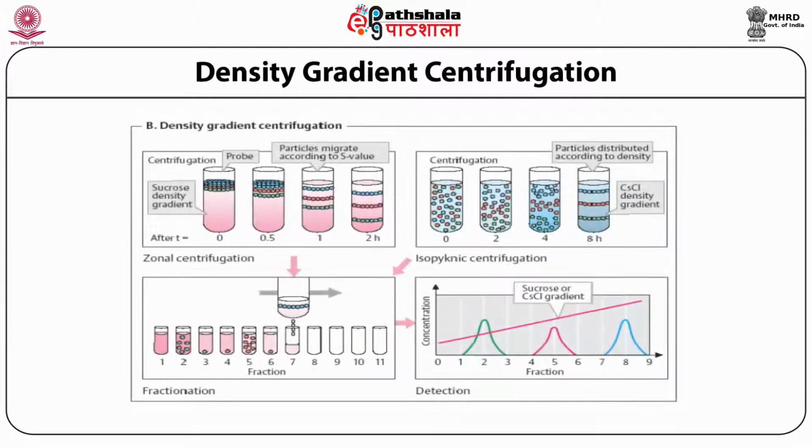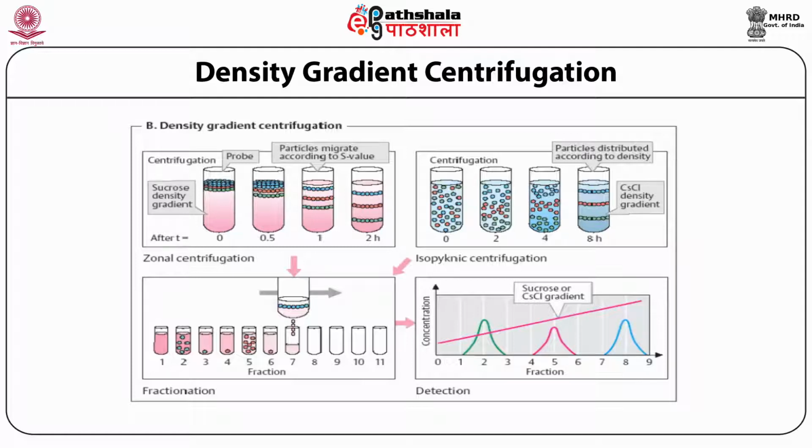You can see further illustration of both types of density gradient centrifugation, like in rate zonal centrifugation. There is a sucrose density gradient medium, and all the cell organelles, for example with different S values, are put at the top and then centrifuged for a particular time.